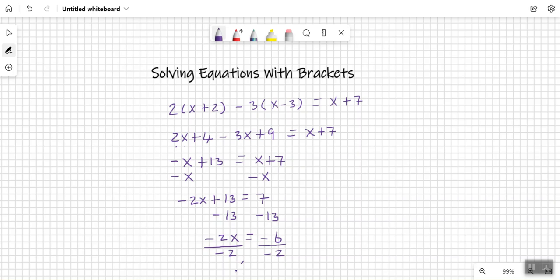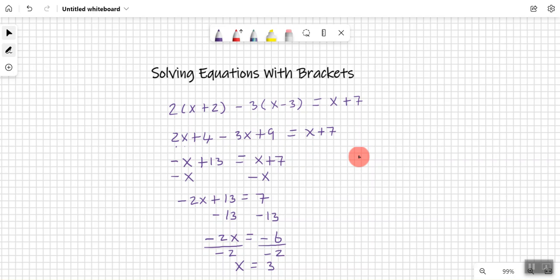That will just leave me with x is equal to -6 divided by -2, which leaves me with positive 3. So x is equal to 3.